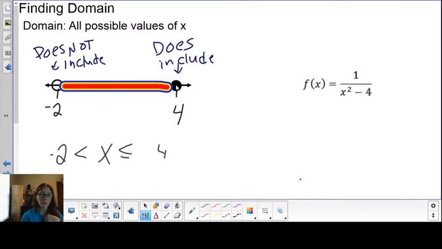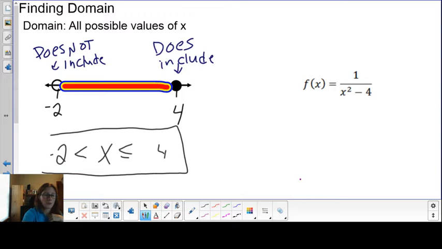It can be equal because it's filled in. So to put this mathematically, it says -2 is less than x is less than or equal to 4. So any number between -2 all the way to include 4. That's how you deal with writing a numeric statement that way.